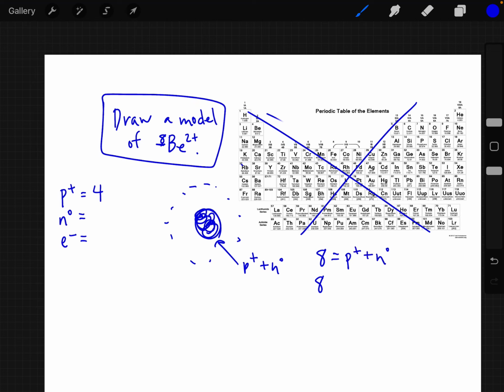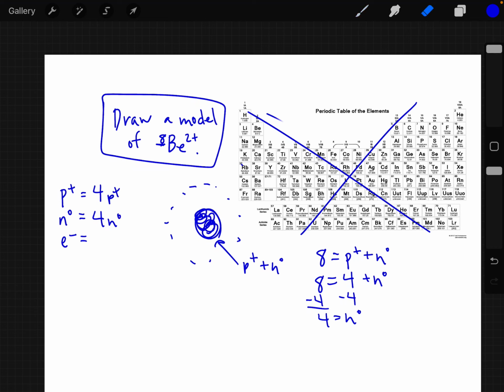I already know how many protons I have. Because it's beryllium, I know that it's 4 protons. And now I know that however many neutrons I have has to end up equaling with the protons up to 8. So what I can do is I can subtract my protons from my mass to find that in this specific atom that I'm going to draw, I'm going to have 4 neutrons.